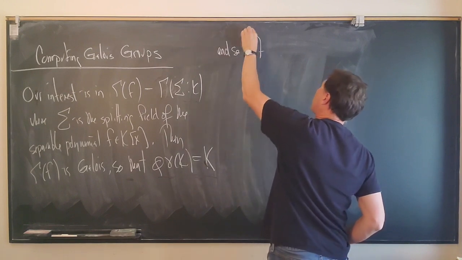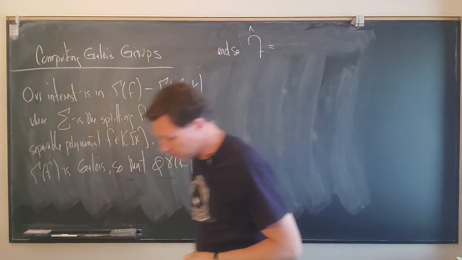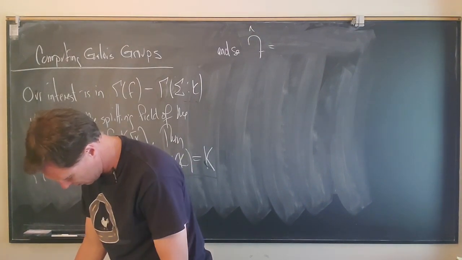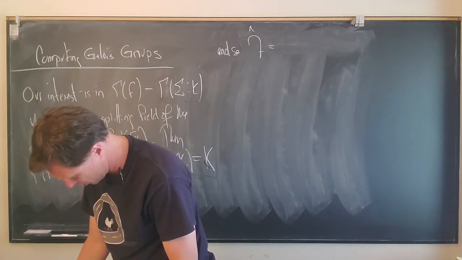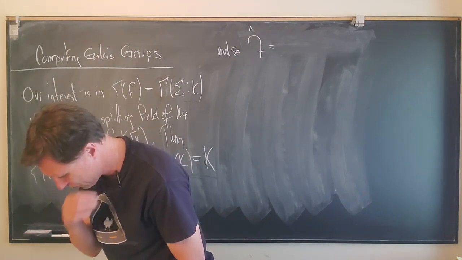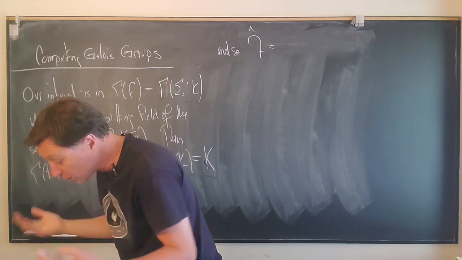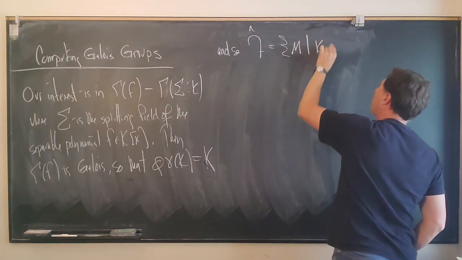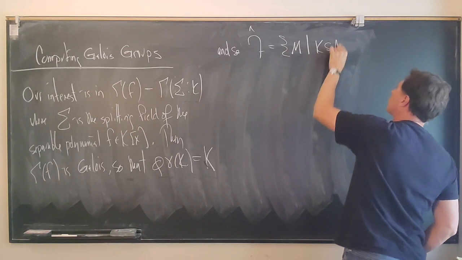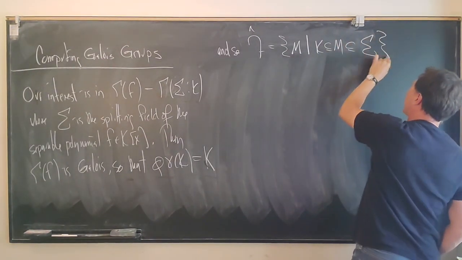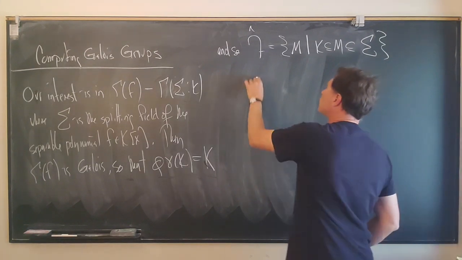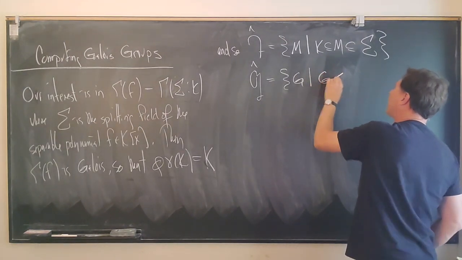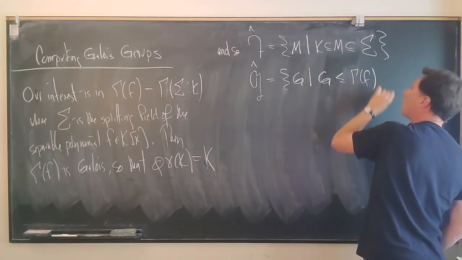Remember our script f that is really our modified. Did I change that to tilde maybe? I feel like I changed it to tilde in the last lecture notes, but, oh, no, never mind. But in that case then, script f is going to be the set of all fields that lie in between k and sigma, and script g is going to be the set of all subgroups of the Galois group of the polynomial.